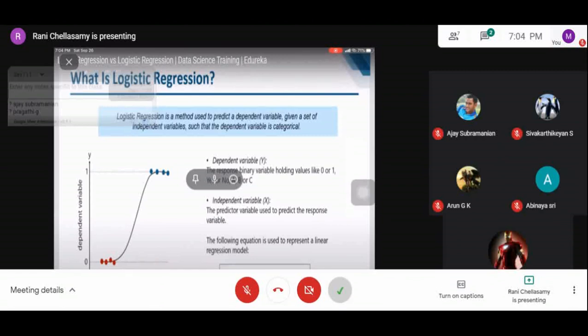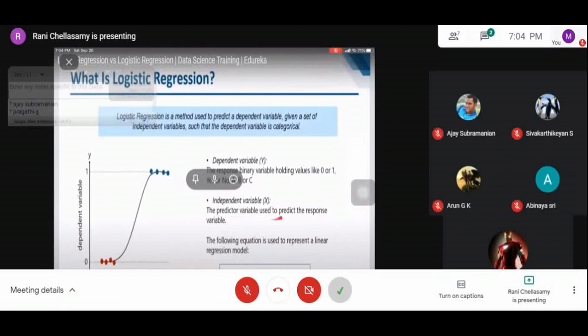Categorical means yes or no, true or false, or 1 or 0, likewise. So the dependent variable y, we call a response binary variable, because the value would be either 0 or 1. Coming to the independent variable, the X variable, we call that a predictor variable, used to predict the response variable.